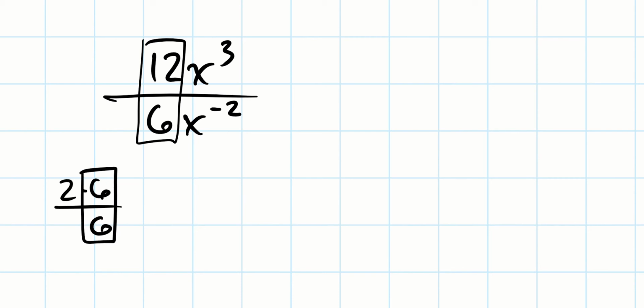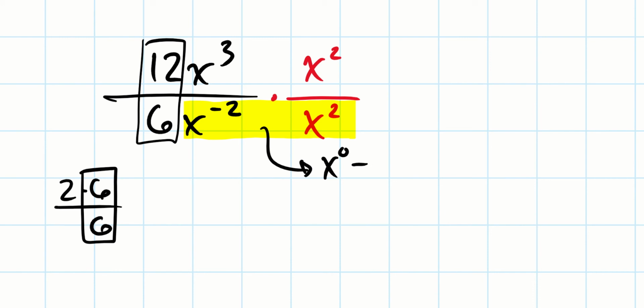But in terms of this negative exponent, in order for me to efficiently remove it, I simply choose to multiply this problem by x squared in the denominator and x squared in the numerator. The reason why I've selected x squared is because when I multiply x to the negative second times x to the second, I end up with x to the 0 power, which equals the number 1.